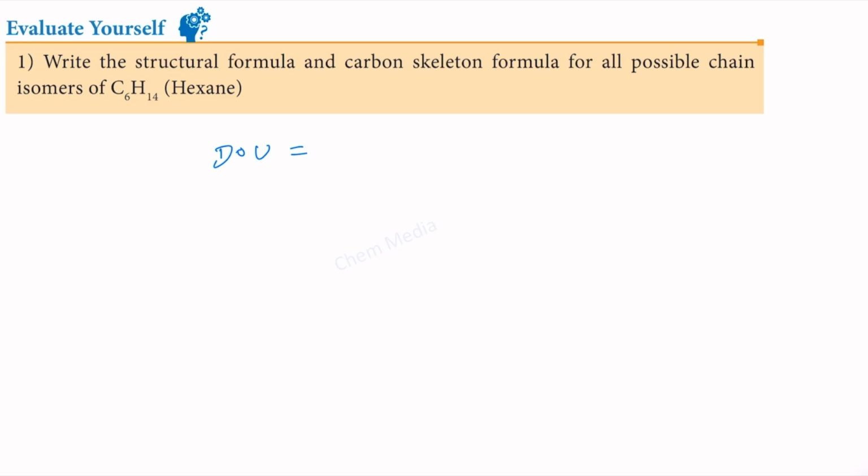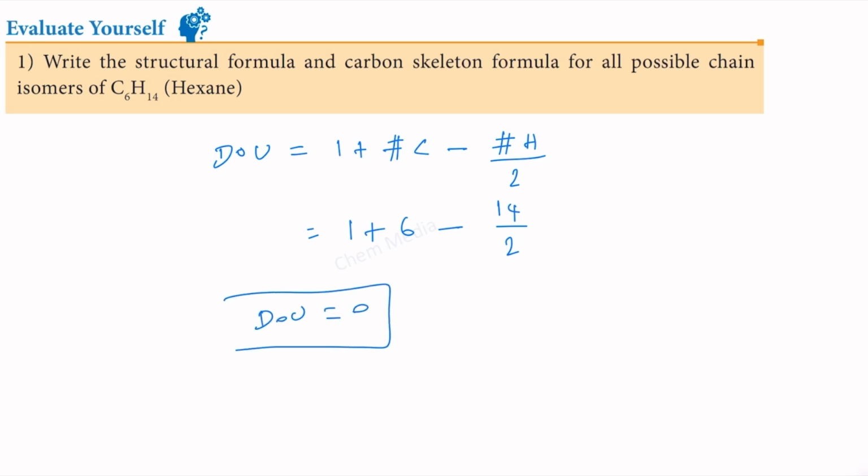Degree of unsaturation is equal to 1 plus number of carbon atoms minus number of hydrogen atoms by 2. Therefore, this is equal to 1 plus, we have 6 carbon atoms here and 14 hydrogen atoms, so 14 by 2. Therefore, 7 minus 7 equal to 0. So this means that this is a completely saturated elemental composition.